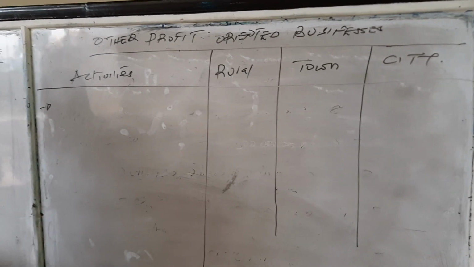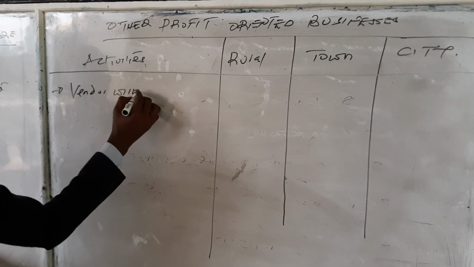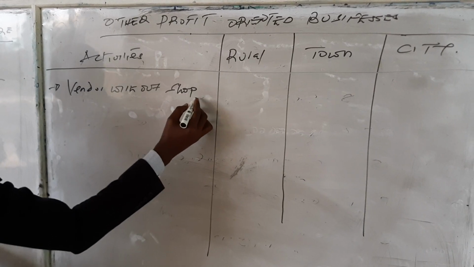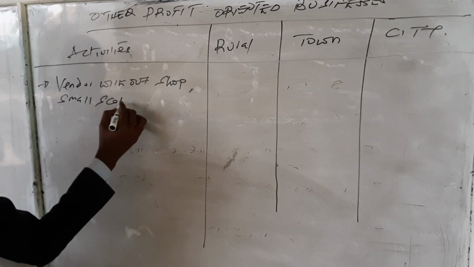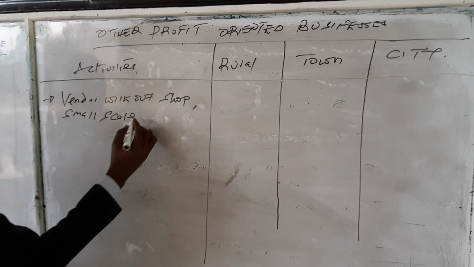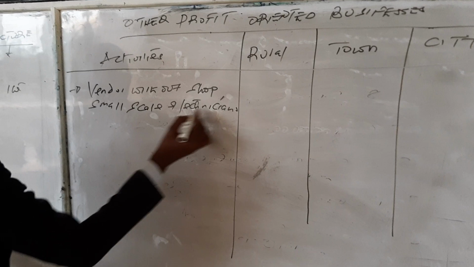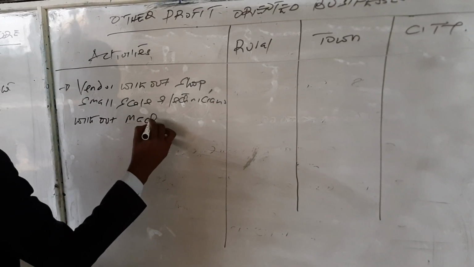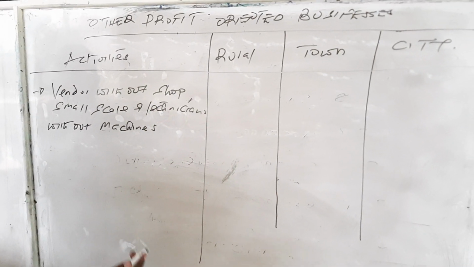Activities like the vendor without a shop, operating on small scale, and technicians without using machines.